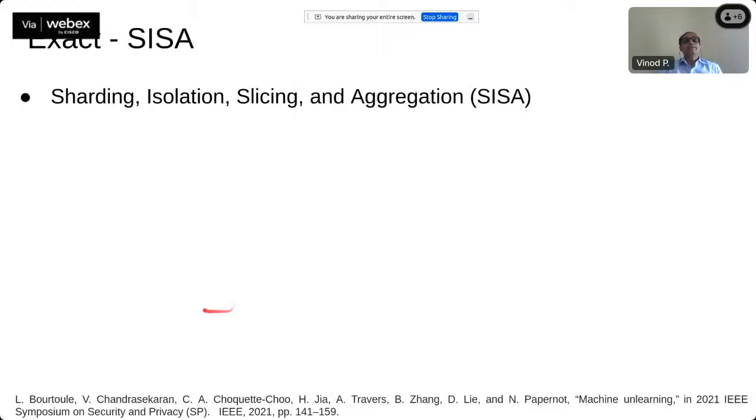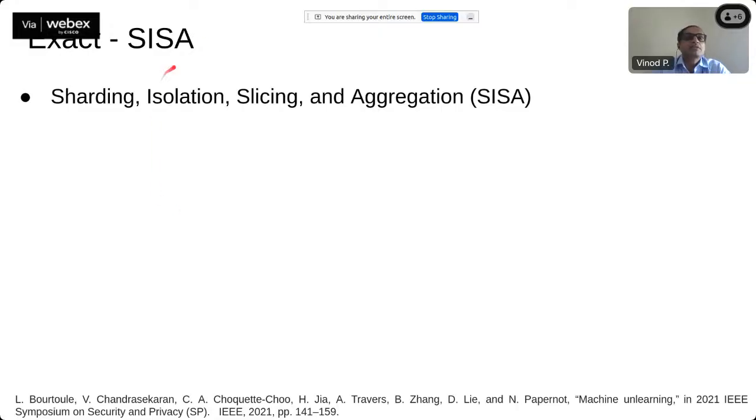Let us try to understand a couple of techniques which are very famous and which have been modified by researchers, who build over these techniques.